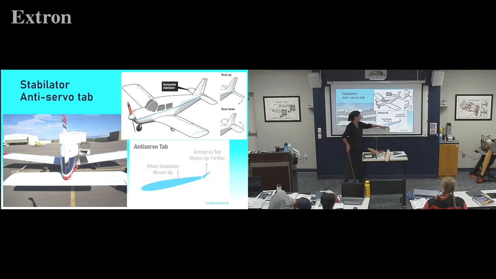And as the stabilator moves up, the anti-servo tab moves in the same direction. Its purpose is to increase control feel to prevent the pilot from over-controlling the aircraft. So it's trying to bring this back into a streamlined position. So it's increasing control feel so you're not yanking that aircraft around.